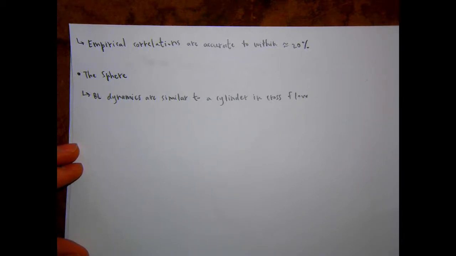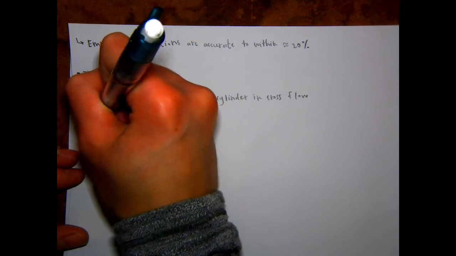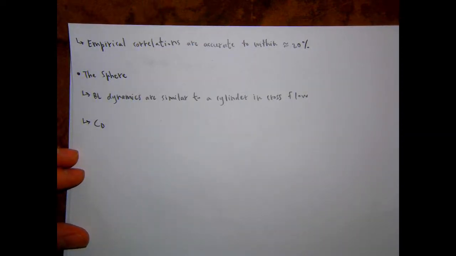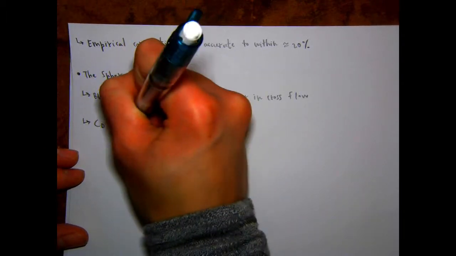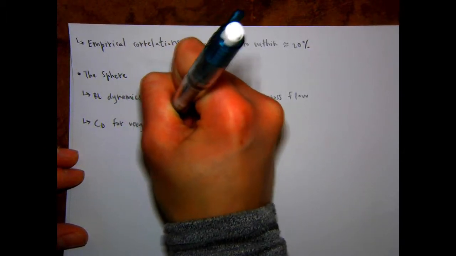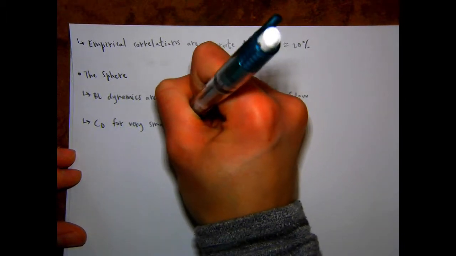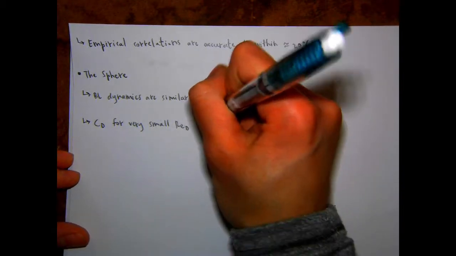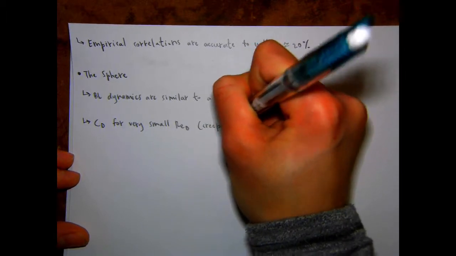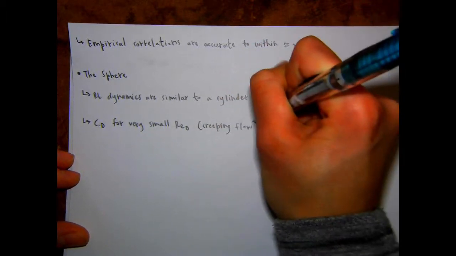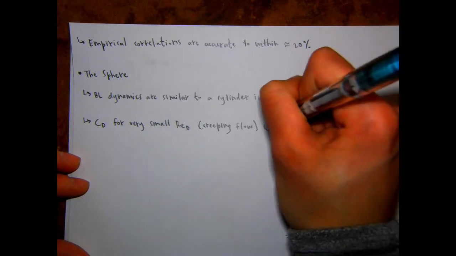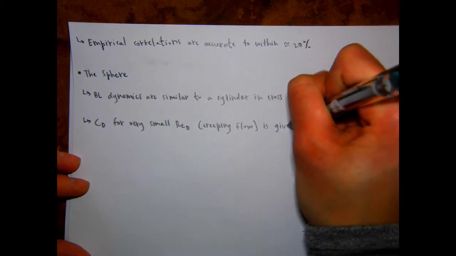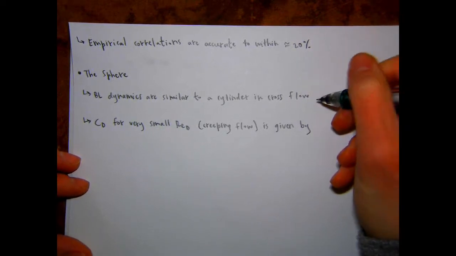And we have a couple of different expressions for the friction coefficient and the Nusselt number, or the drag coefficient. So the drag coefficient for very small Reynolds numbers, which is known as creeping flow, is given by what's known as Stokes' law.